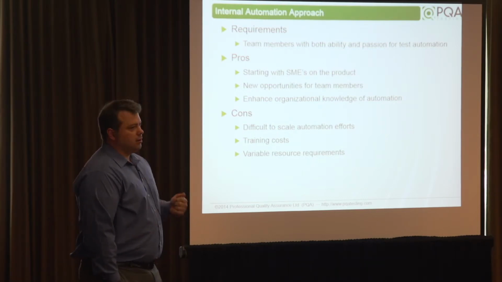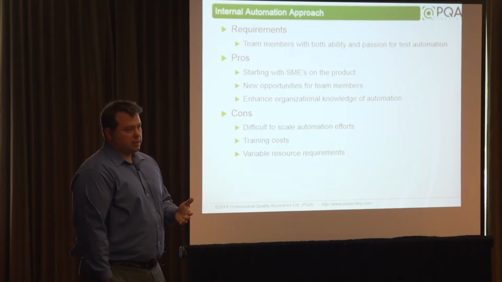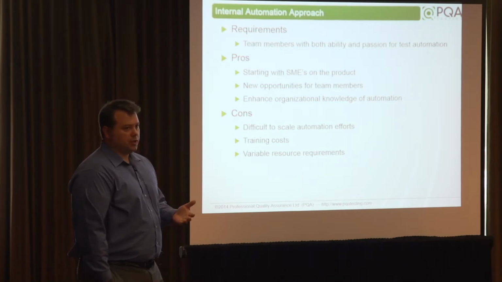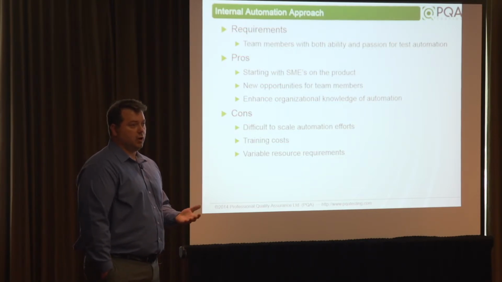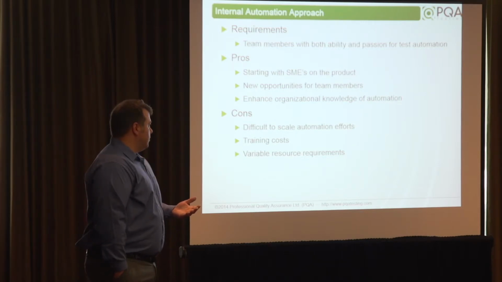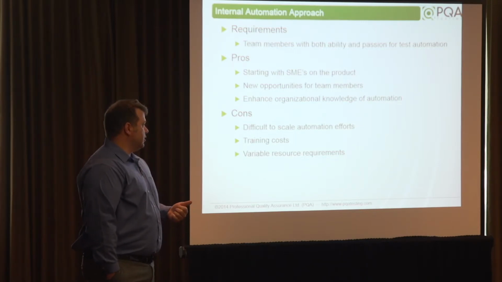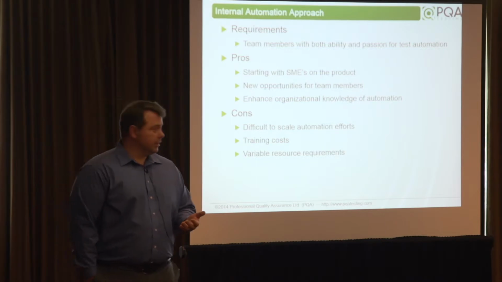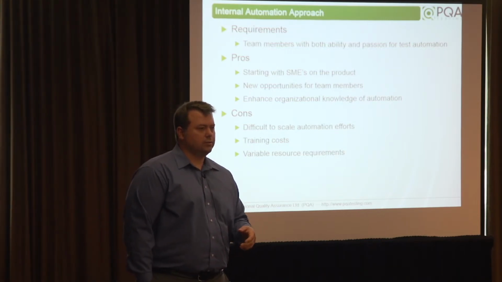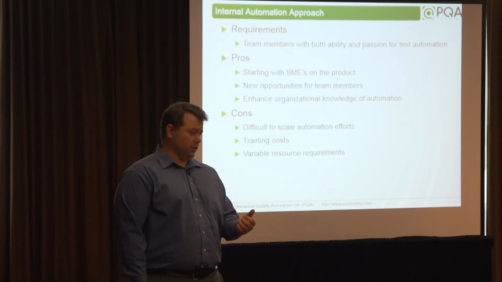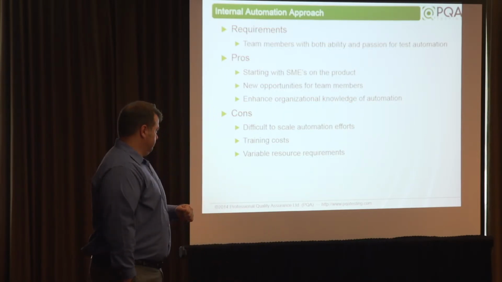Some of the benefits are, if you're taking an existing tester and getting them to do automation work, they may already be a subject matter expert on your product. Other advantages are that it creates new opportunities for the team members, and the automation knowledge, the understanding of how it works, stays in-house.